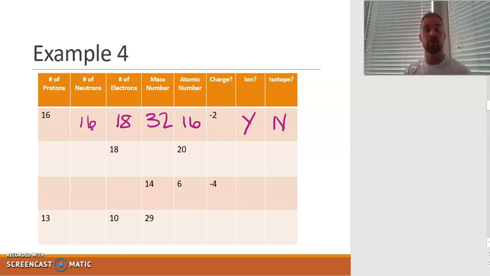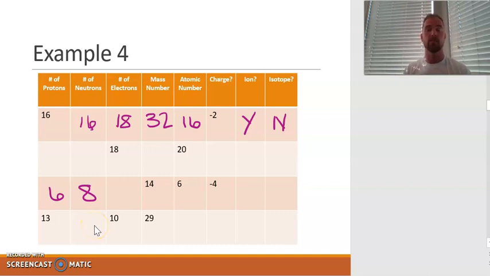So looking at the third row, okay, I have 3 pieces of information. I have the mass number is 14, atomic number is 6, charge is -4. So first thing I always try to do if I can, let's solve the number of protons. Since I know what the atomic number is, that's the same thing as the protons. Always the same thing. It does give me the mass number, so I could figure out number of neutrons. 14 minus 6 protons means there are 8 neutrons in this particular atom.